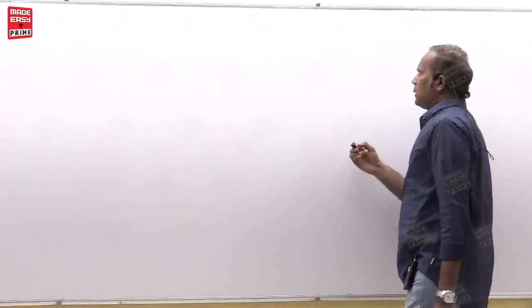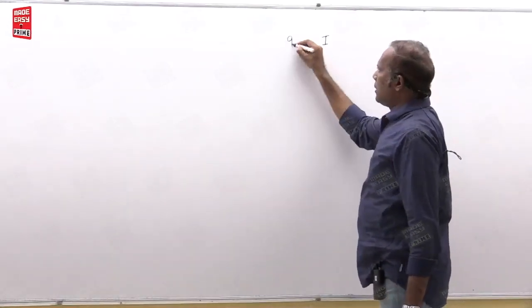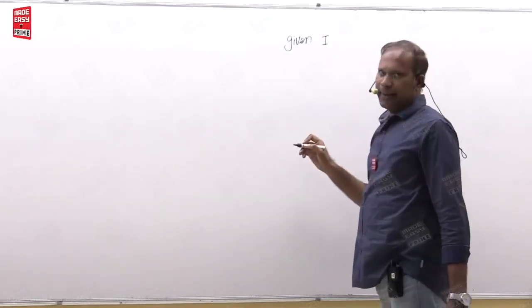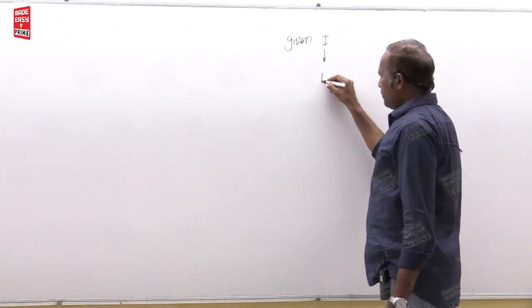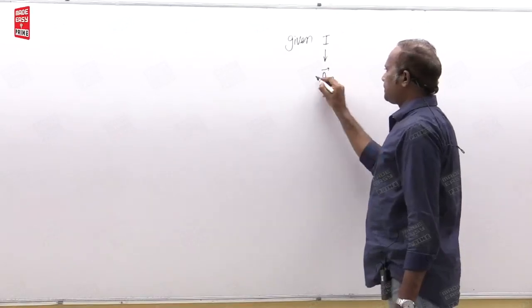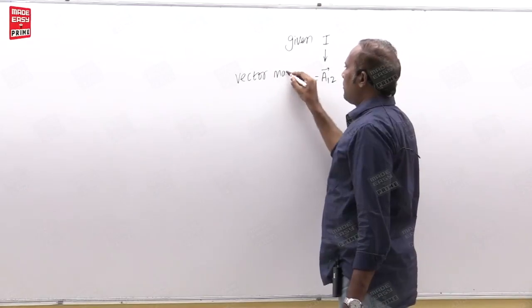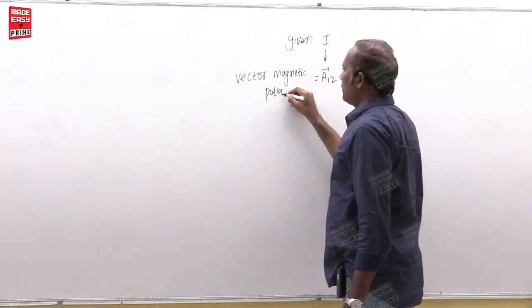First, current distribution is given. Current distribution given in the antenna, given I. Then, if current distribution is given, we will be finding the vector magnetic potential.